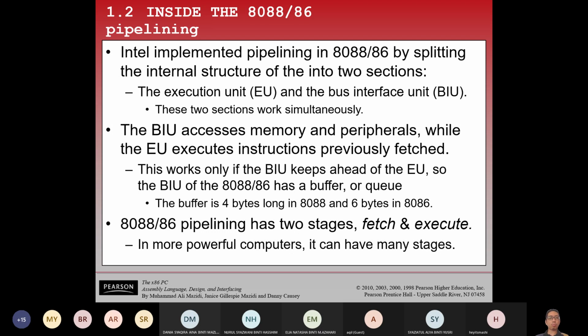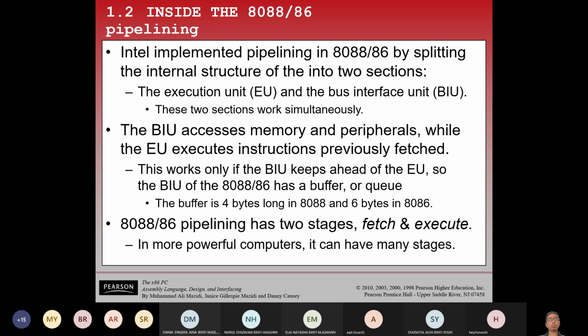So the BIU works together with the EU. The BIU goes to the memory, and then from memory travels back and feeds the EU. So that's how it works.